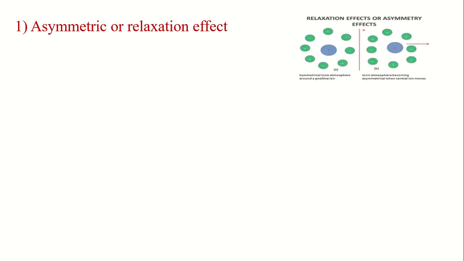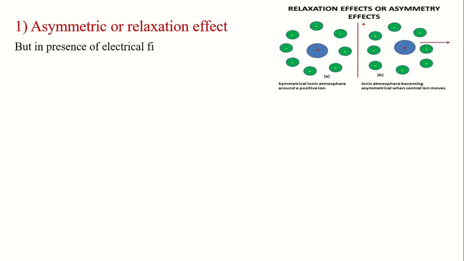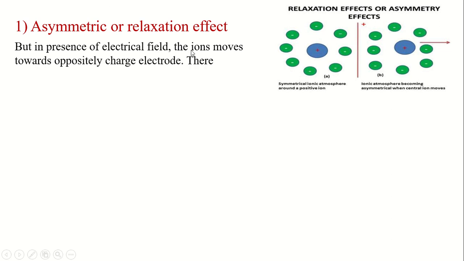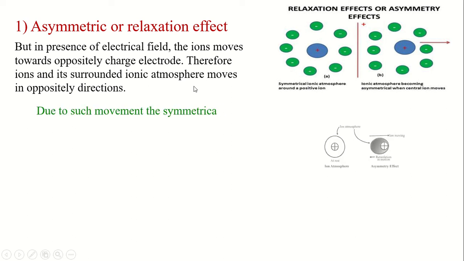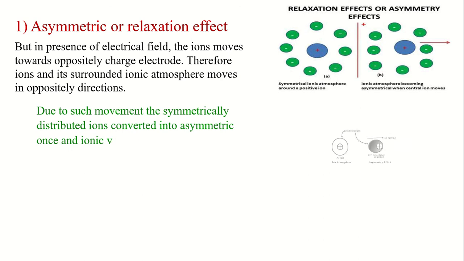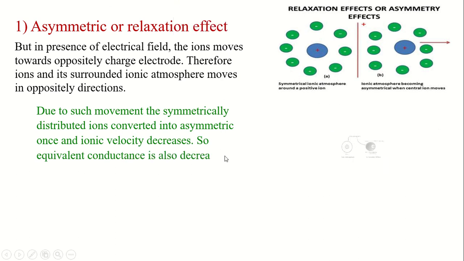Such an atmosphere is called a symmetrical atmosphere. Friends, in the presence of an electrical field, the ions move towards the oppositely charged electrode, meaning cations move towards the cathode and anions move towards the anode. Therefore, the ion and its surrounding ionic atmosphere move in opposite directions. Their speed is thus reduced by each other, and due to such movement, the symmetrically distributed ions convert into an asymmetrical one, and ionic velocity decreases.